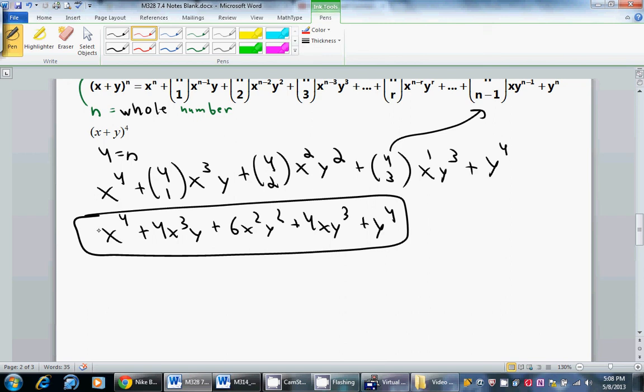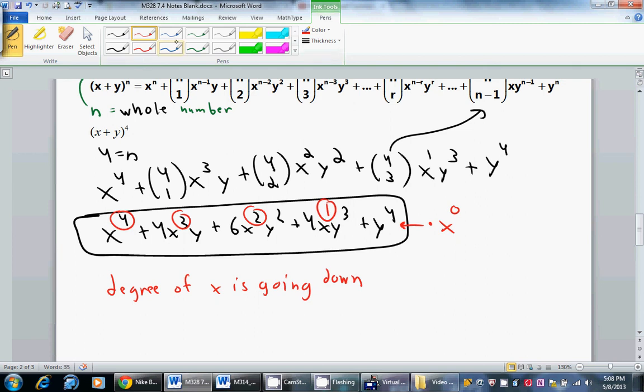But one thing you'll notice is, look at the degrees of your x terms. There's a 1 right there, and this last term I can technically think of as x to the 0. The degree of x is going down by 1 each individual term.